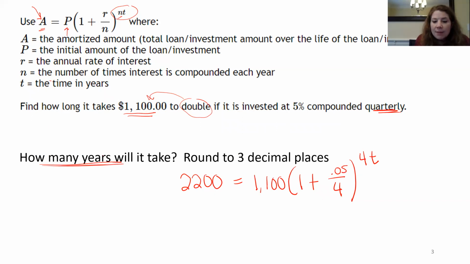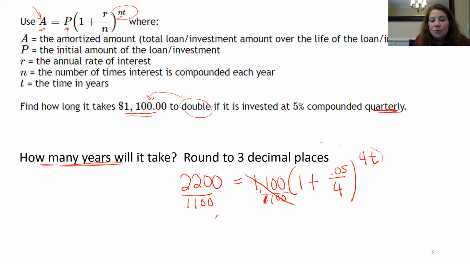So in order to get this exponent down in front, well, first of all, let's start simple. Let's get rid of everything we can. So right now, what we can get rid of is times 1100. So the first thing I'm going to do is divide both sides by 1100, and I can get rid of this. So what's 2200 divided by 1100?